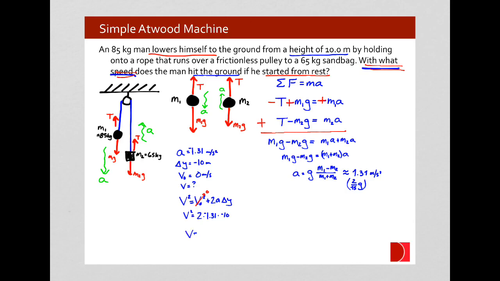And his velocity ends up being 5.1 meters per second. That velocity should be downwards, it should be a negative amount, but when it says the speed, we don't worry about velocity being a factor, we just care about the amount. And so we can say the speed, or v without the vector notation, will be just 5.1 meters per second.